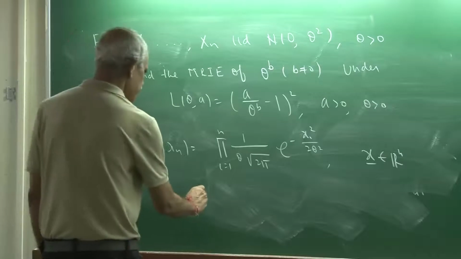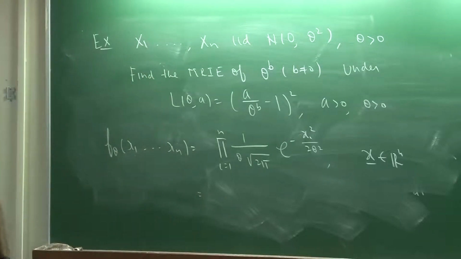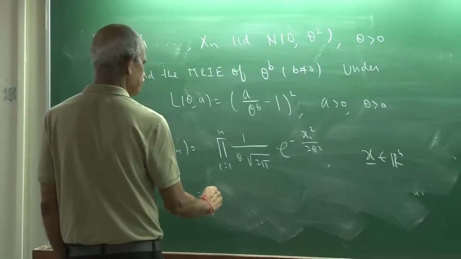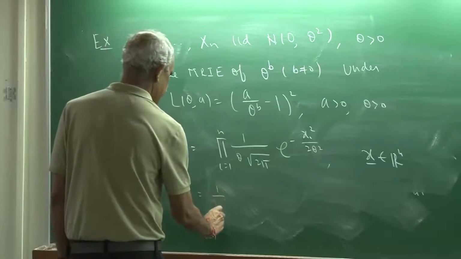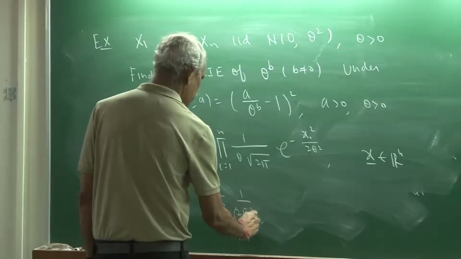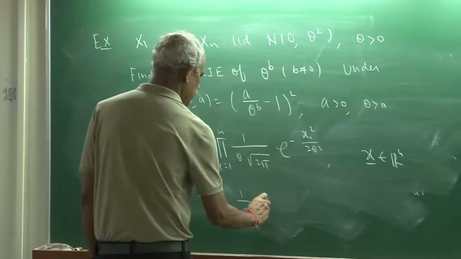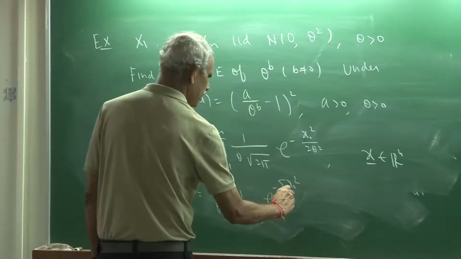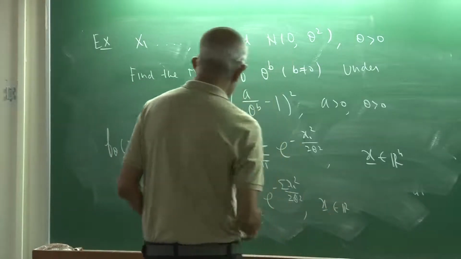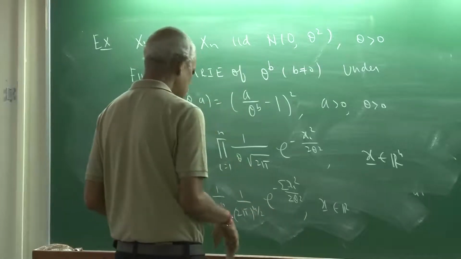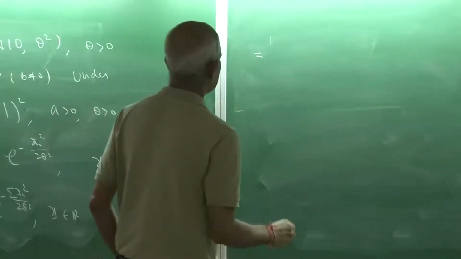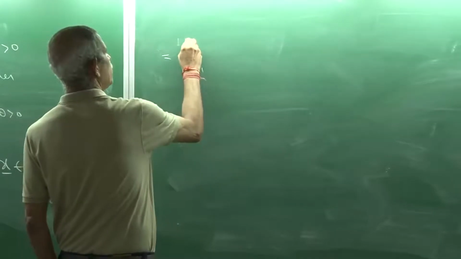So what does that become? This is nothing but 1 by theta to the power n, 1 by 2 pi to the power n by 2, e to the power minus summation xi square by 2 theta square, which is basically, in fact, you can write this directly from here as the product, i equal to 1 to n.